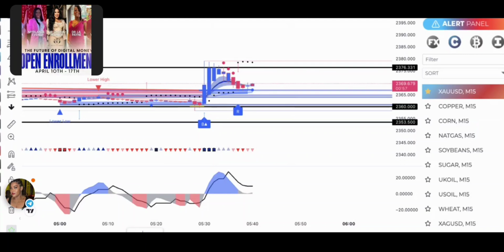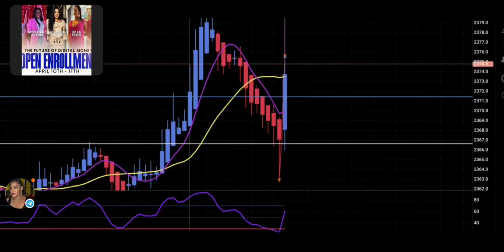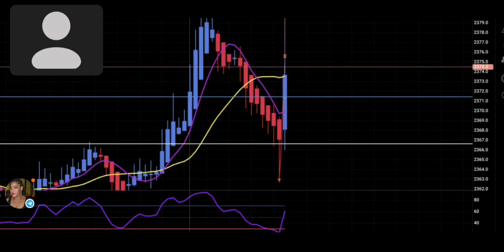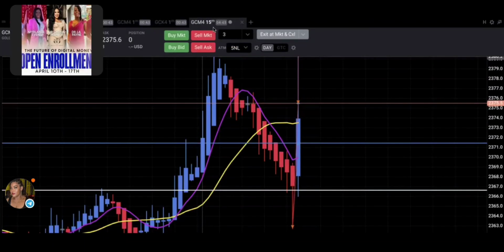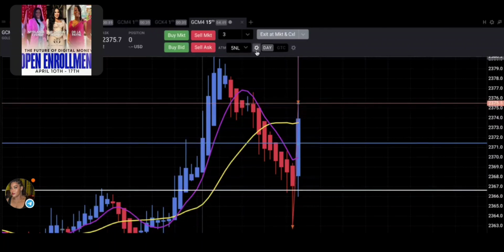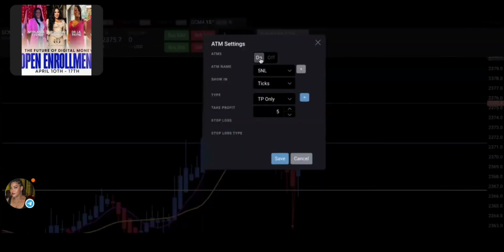We are trading gold on Top Step, and the contract is going to be GCM5. Do you have that up? I got it up. So you're going to add your contract here. Where it says ATM, you're going to press this and turn your ATM on, and you're going to put ticks in at about 5 ticks.